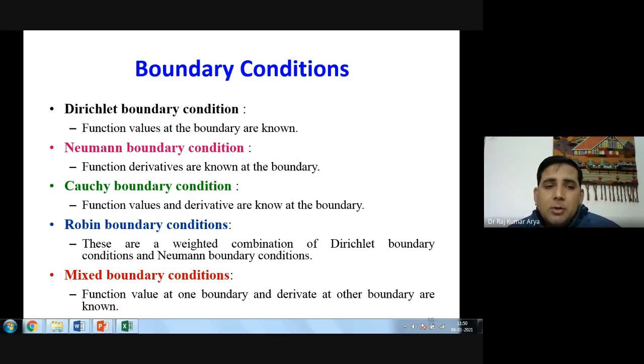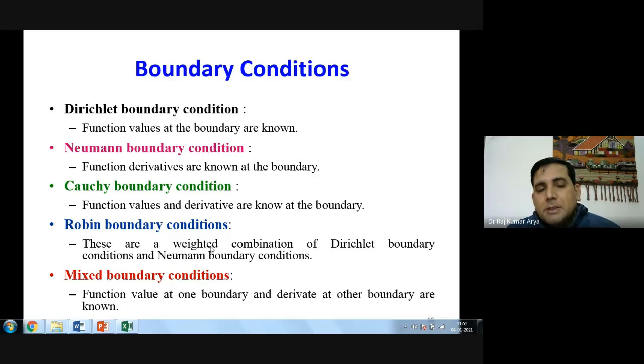The other one is the Robin boundary condition, which is a weighted combination of Dirichlet and Neumann actually. With Dirichlet you have the function value, with Neumann you have the derivative, and in these boundary conditions, at both ends, the condition is such that the function plus its derivative is equal to something.